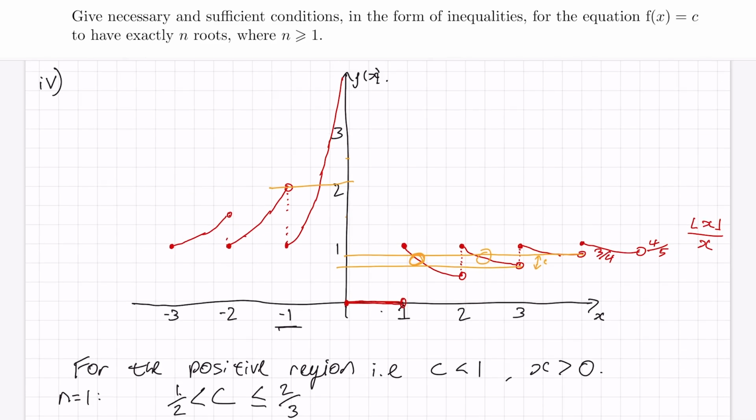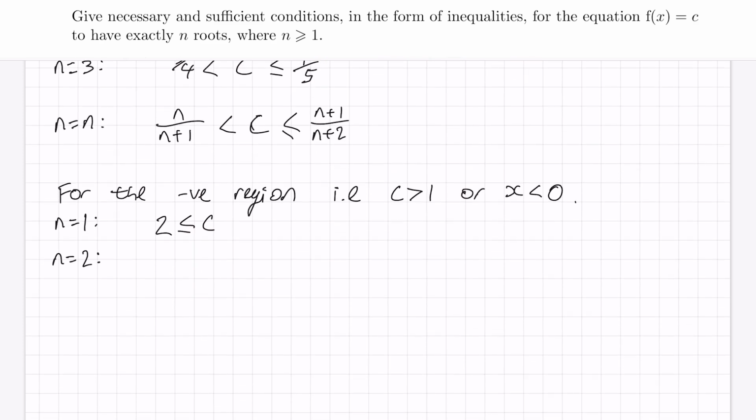Well, for n equals 2, I need it to be between these two values, between here and here, because that means I get a solution here and here. So I need it to be between 3 over 2 and 2, so 3 over 2 less than or equal to c less than 2.